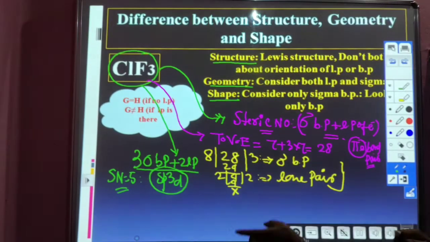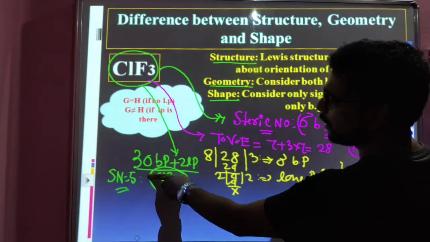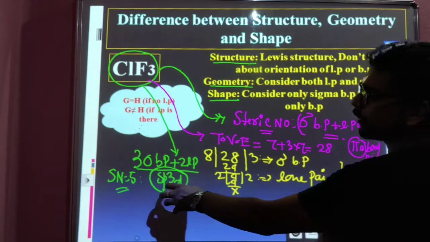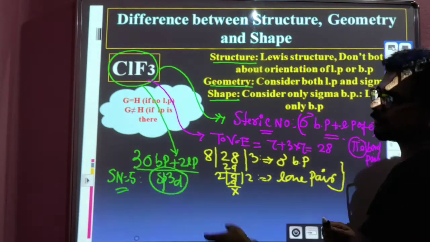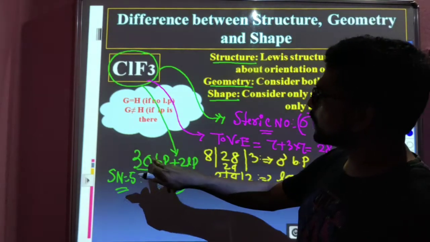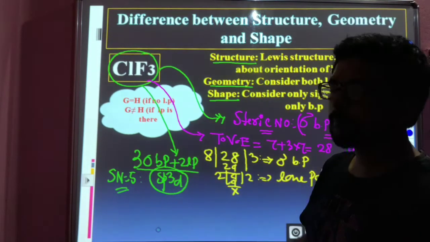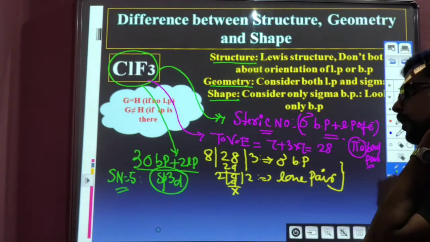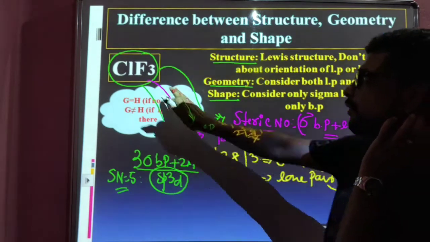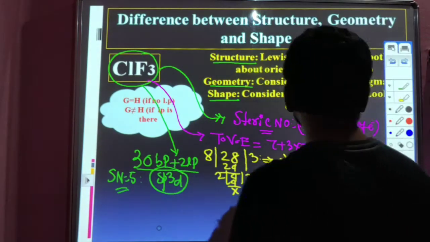Hybridization is sp3d because steric number is 5. For steric number we will calculate only sigma bond pair and lone pair. Now let me draw the structure of ClF3.